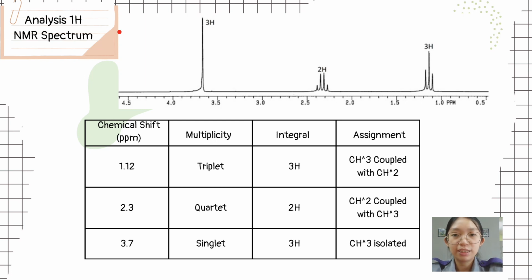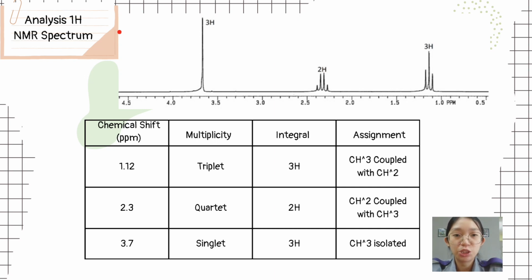For the second signal, which falls in the chemical shift of 2.3, it is a quartet and an integration of 2H. 2H tells us that it has 2 protons on its own, which is usually CH2, and the quartet arises due to 3 adjacent protons to it, which is usually CH3.